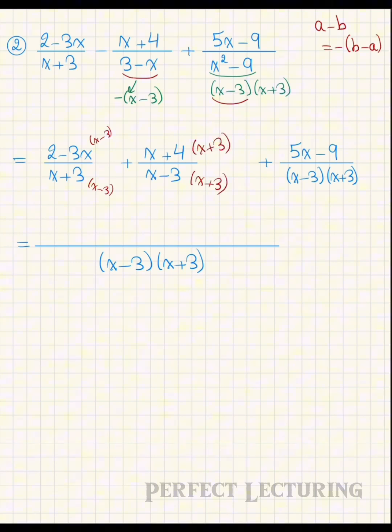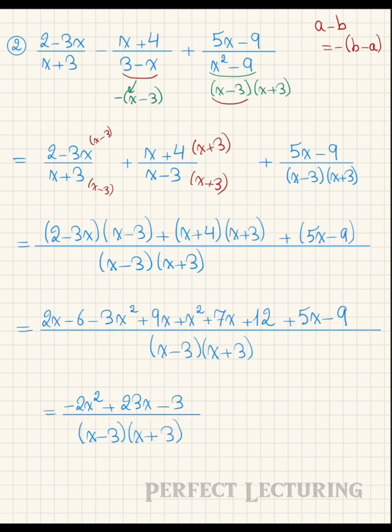What about the third fraction? It already contains the two factors that are in the common denominator, so we do not multiply the third fraction by any factor. So the expression becomes like this, and finally we just simplify the numerator, and this is the final answer. So this is how we add and subtract rational expressions.